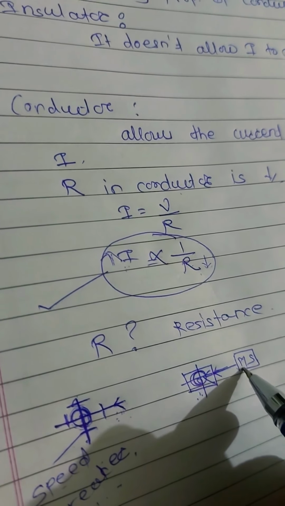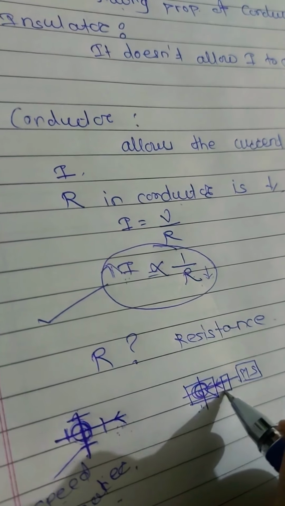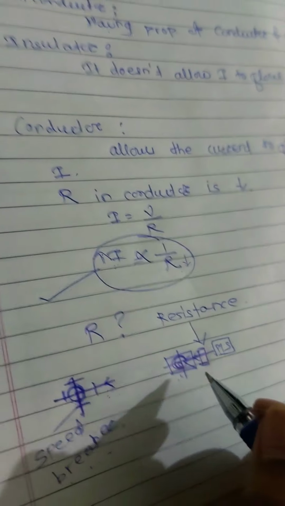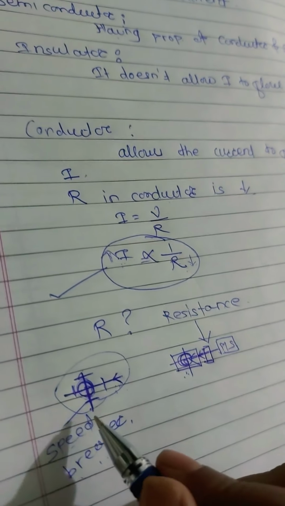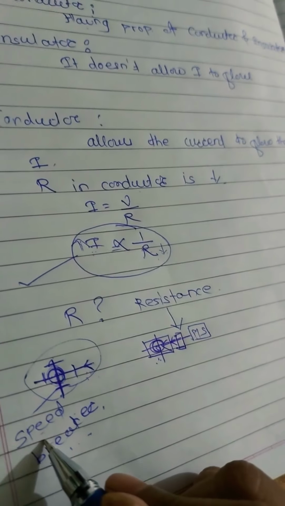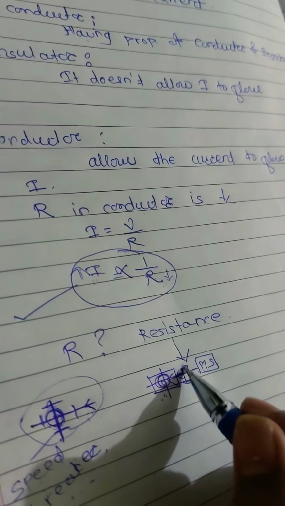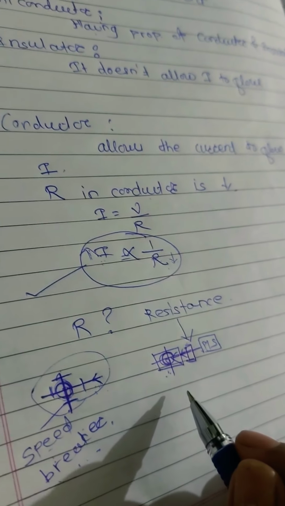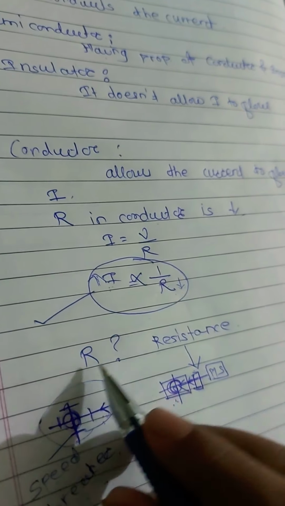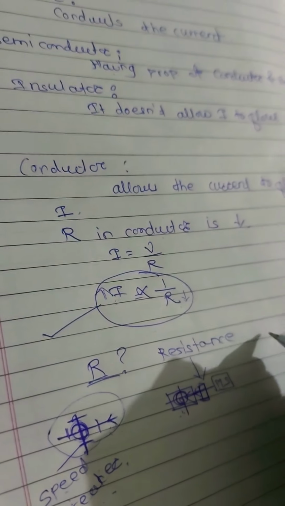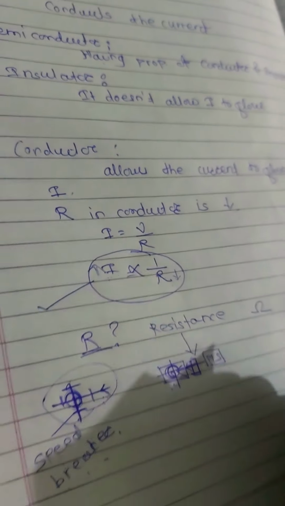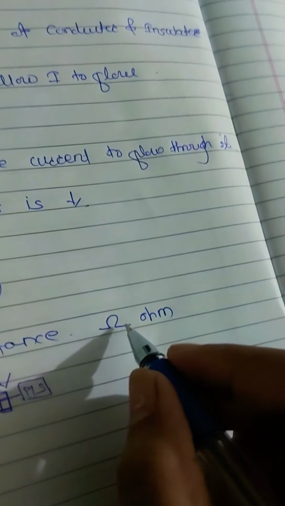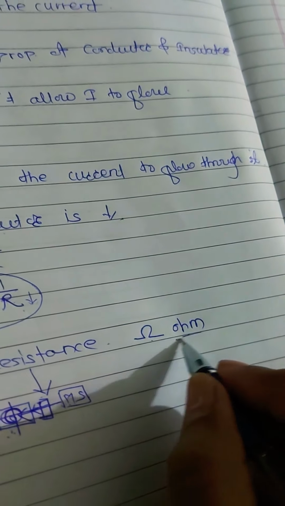So to avoid that, one thing is placed, that is called a resistance or resistor. Just as the speed breaker does in this example, the resistor is used in our electronics. Resistance is denoted by R, and it is measured in ohm. This is the ohm sign, ohm.